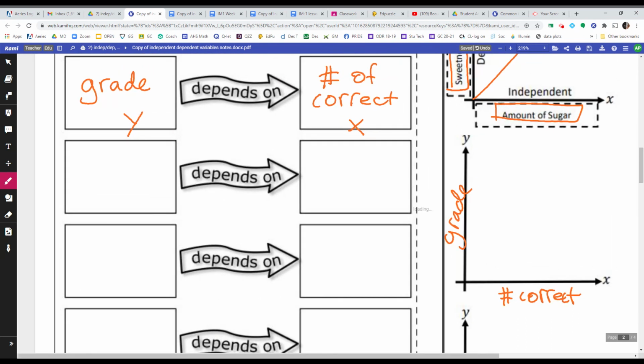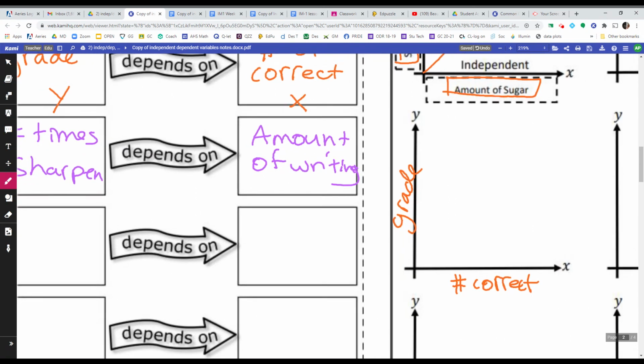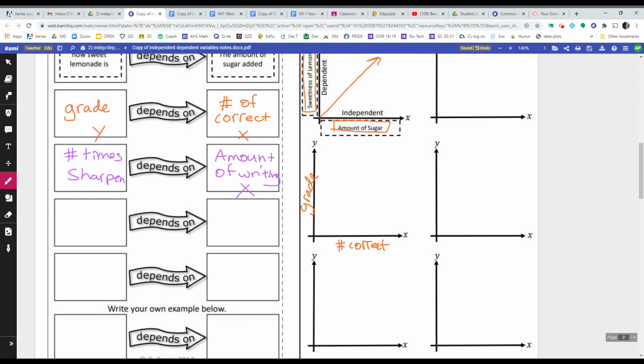Number of times sharpening the pencil depends on amount of writing. Okay, remember it goes x and y. So I would put the amount of writing and then the number of times I sharpen.